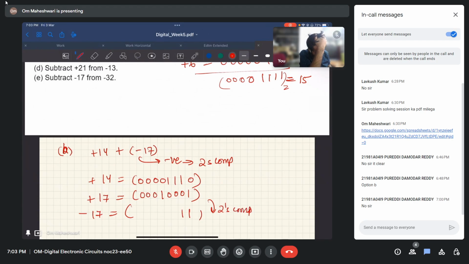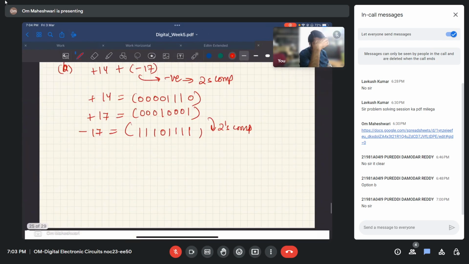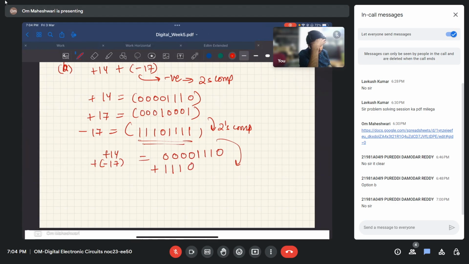So that is 1 1 1 0 1 1 1 1. So plus 14 plus minus 17 is 0 0 0 0 1 1 1 0 plus 1 1 1 0 1 1 1 1.